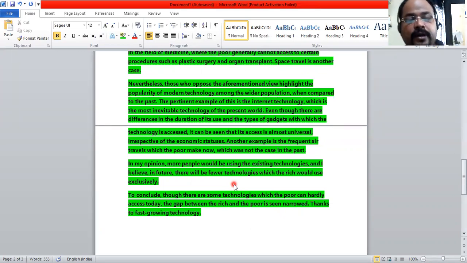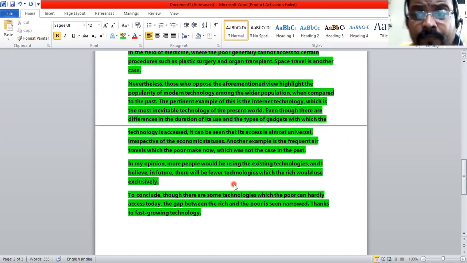Right now, you may have a handful of technologies which the rich may exclusively use for themselves, but in future, this number would reduce. This is what my opinion is. It means the gap between the rich and the poor will become narrower.